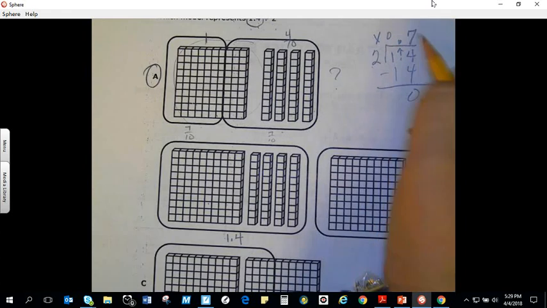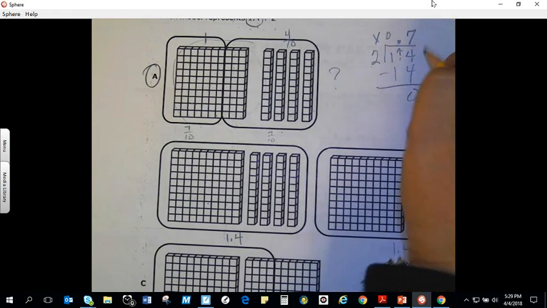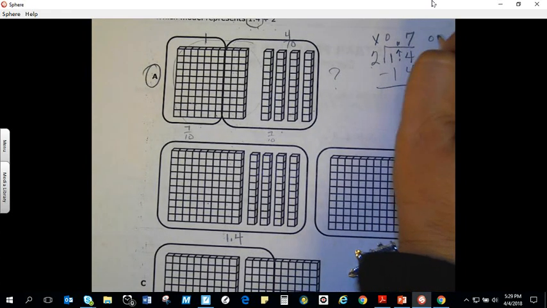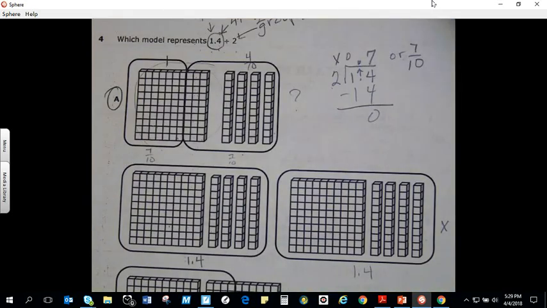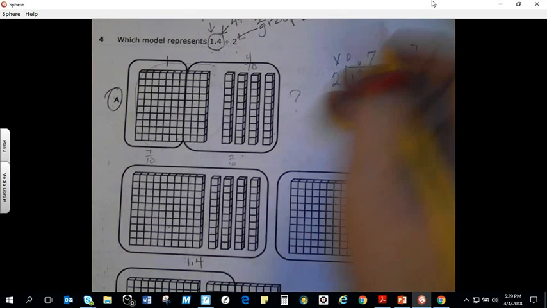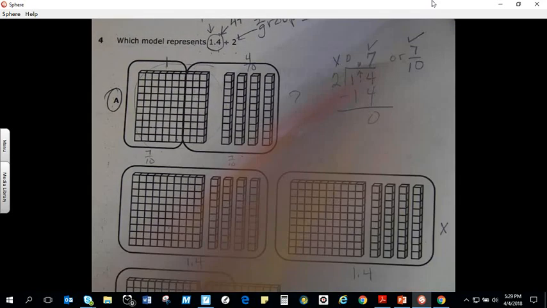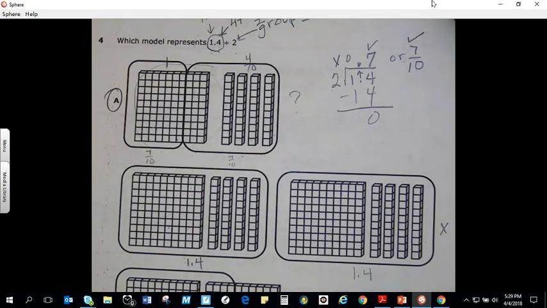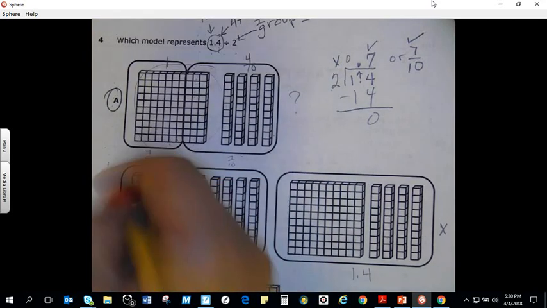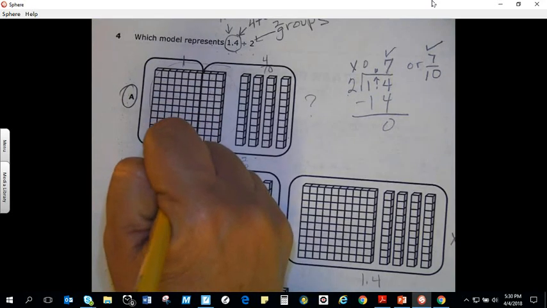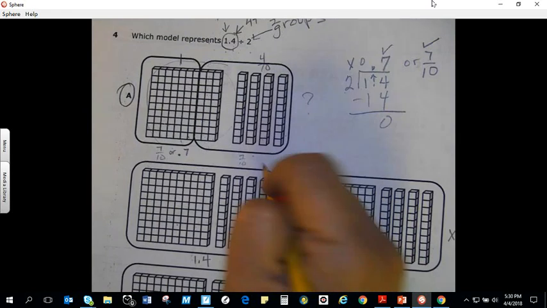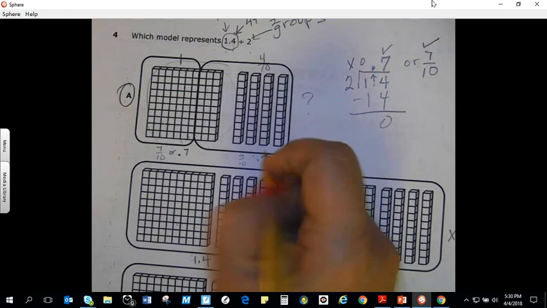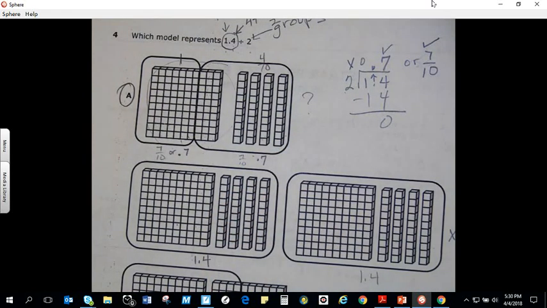So this is 7/10, or this is another way of writing 7/10. So either way, you have both. This is the same. Okay, those are equivalent. And here you have 7/10, which could be written 0.7 because your 7 is in the tenths place after the decimal.